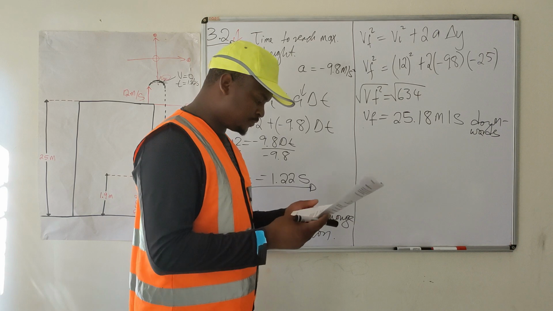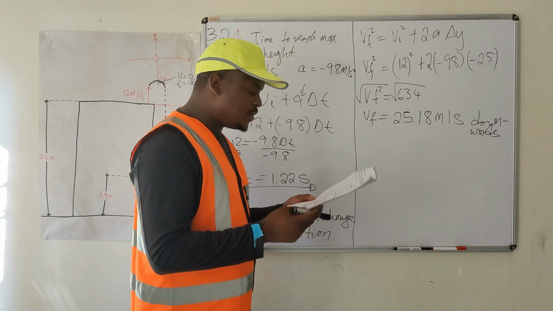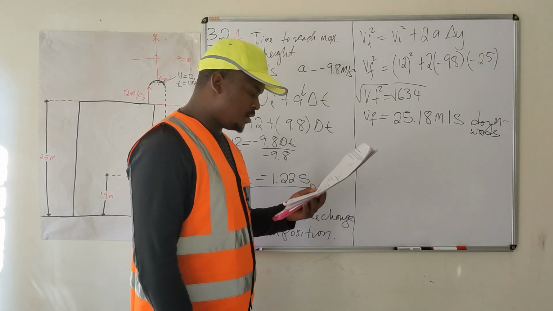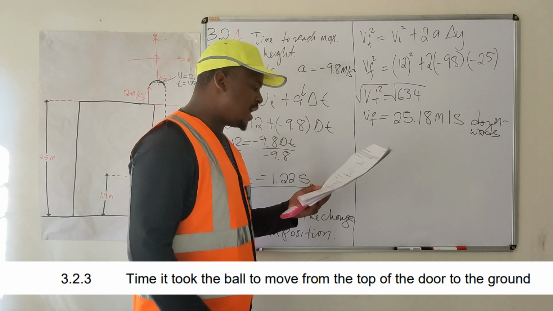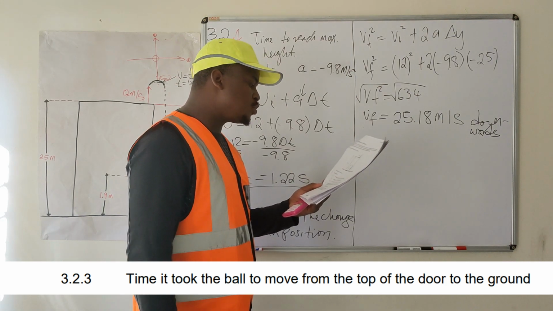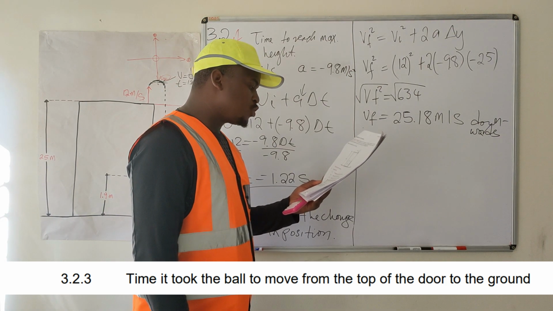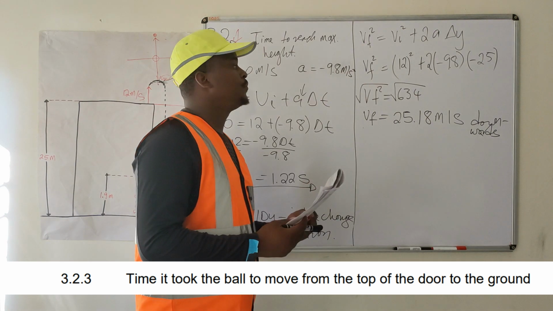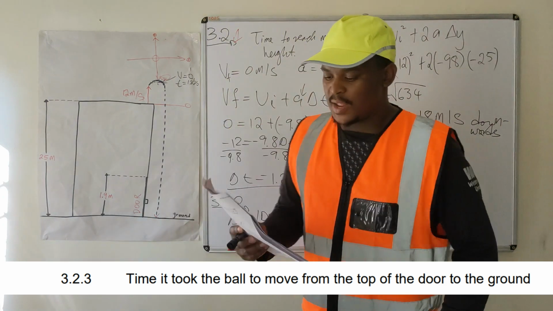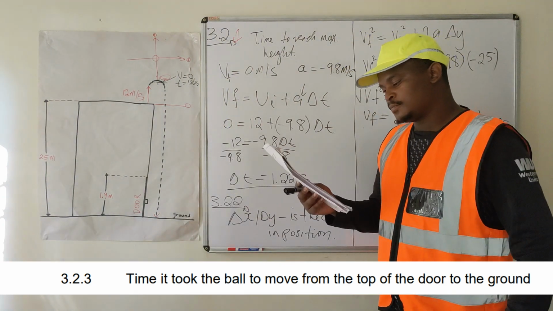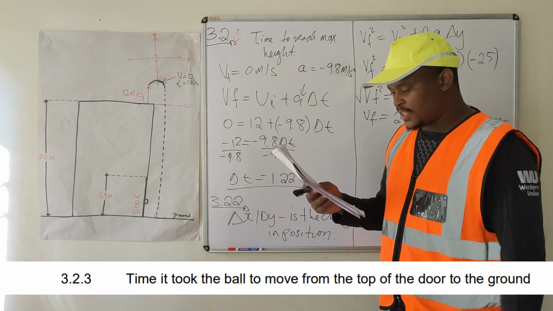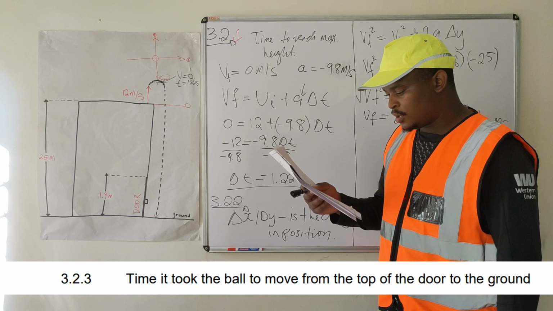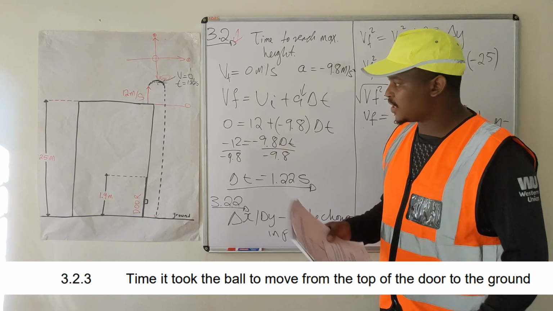Let's go again. Calculate the time it took for the ball to move from the top of the door to the ground. Okay, let me read this again. Calculate the time it took the ball to move from the top of the door to the ground.